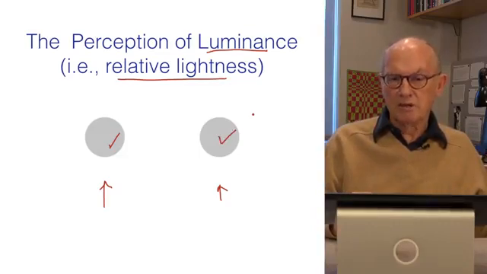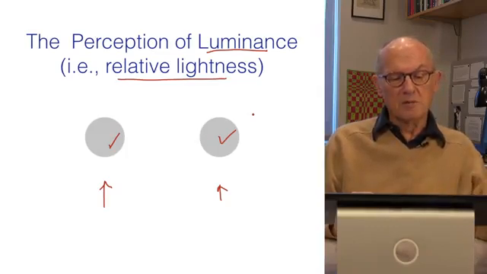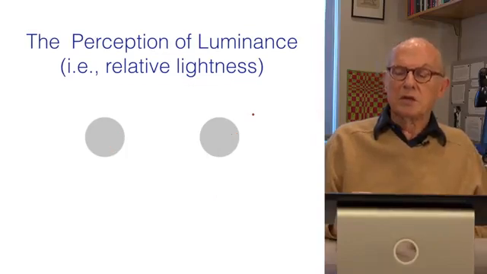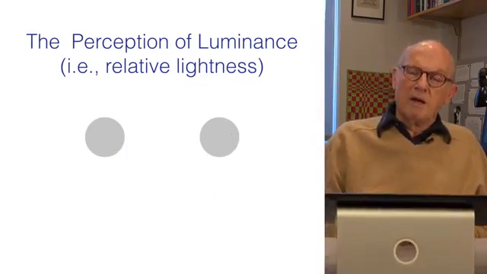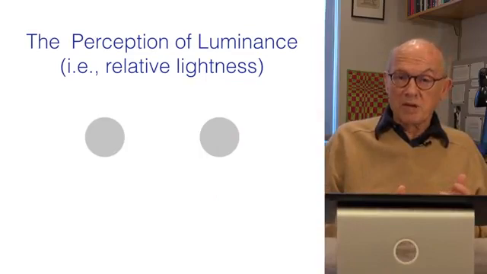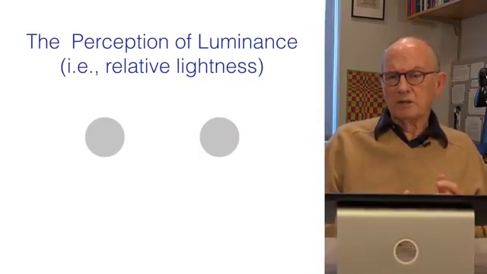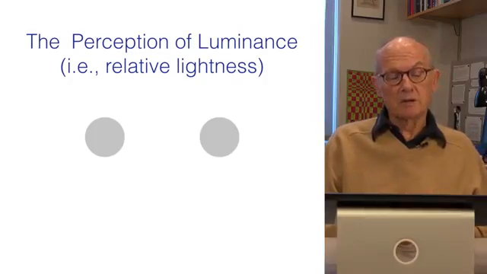We don't have to go into that, but just to let you know that there is a physical measurement. Those two little patches are identical, photometrically, physically. When we look at them on the same background like this, they look the same, so no big deal. They're identical and they look identical.